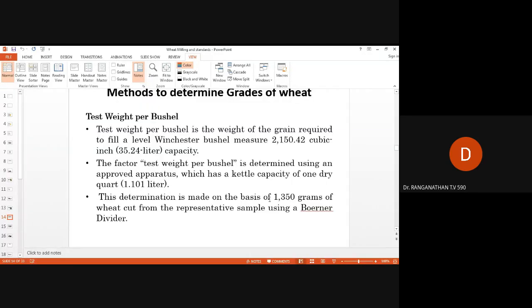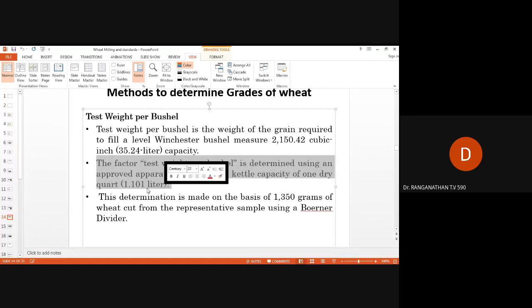So here it is based on the 1.3 kg of wheat cut from the representative. As I already told you, the test weight per bushel is based on 1 liter of the capacity. Now, in a lab, you can do it for a lesser capacity also. Okay. Now, a modification in the lab that we normally do is that we take the weight of 100 kernels or 1000 kernels, which is again a better indicator.